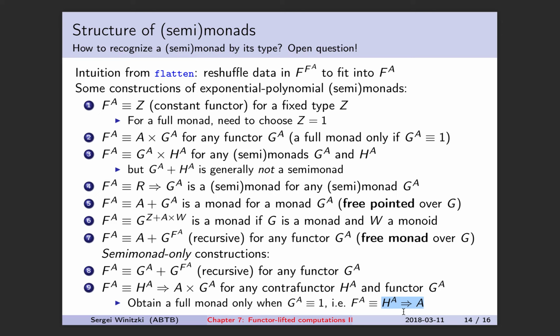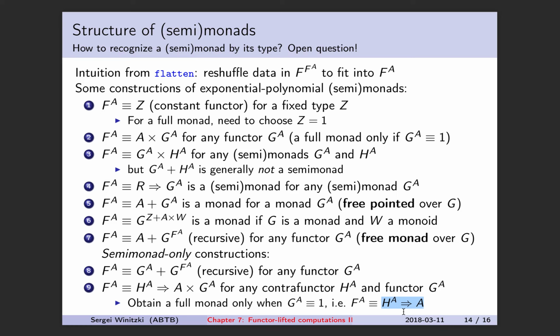Now, contrafunctors can be seen as type constructors that have a function in them that consumes some values of type A, let's say. A general contrafunctor can be a function from a functor to some constant type, let's say. A function from A to C, where C is a constant type. Or a function from a functor GA to Z, where Z is a constant type.